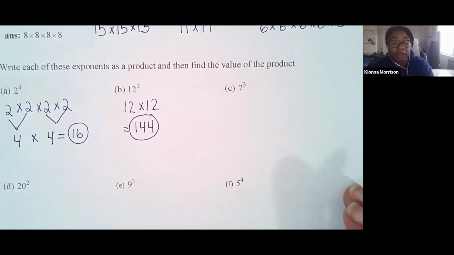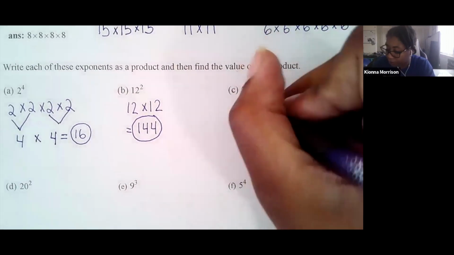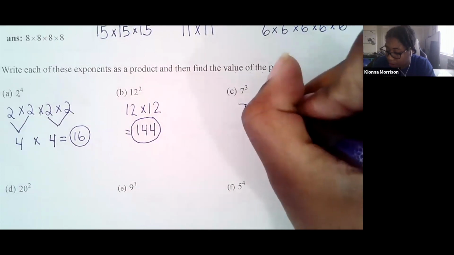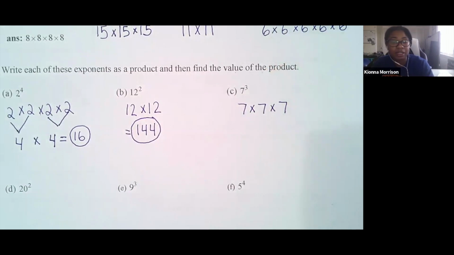All right. Now I have 7 to the third power. So my base is being repeated 3 times. 7 times 7 times 7. Now before you say 21, remember, it's not 3 times 7, it's 7 times 7 times 7.